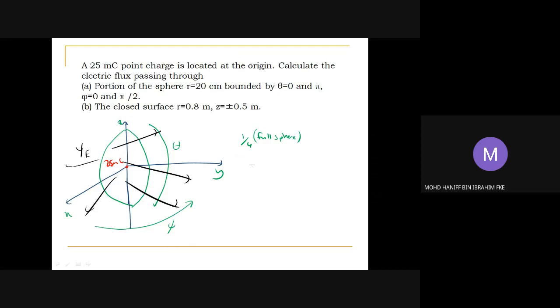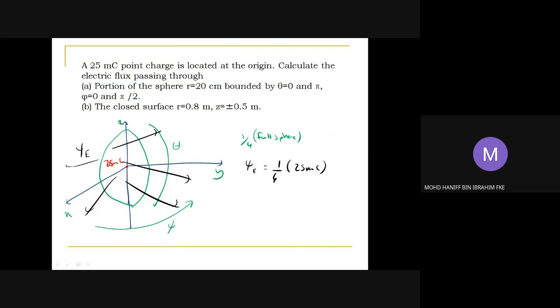So we can see that the flux that can be considered passing through this particular portion of sphere should be equal to 1/4 of your total charge of 25 millicoulomb, because we understand that a point charge must be uniformly distributed on the full spherical surface.